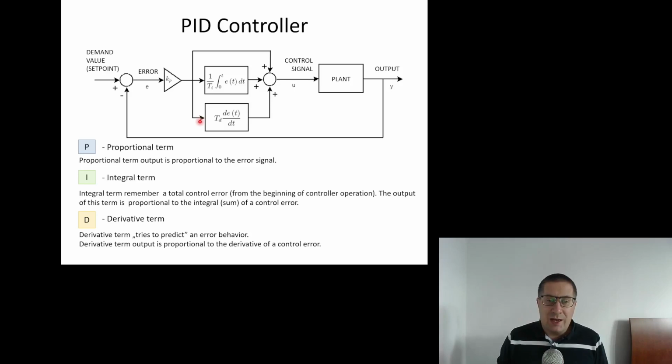And we have also this derivative term, where the part of the control signal is the reaction for the derivative of the error signal. So we are trying to see where it's going, to react for the things that will be in the future.